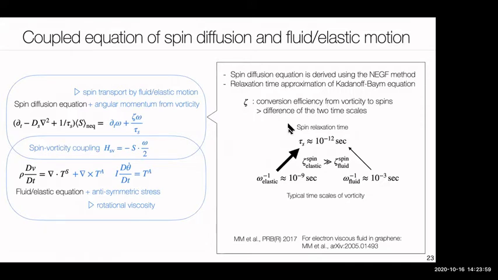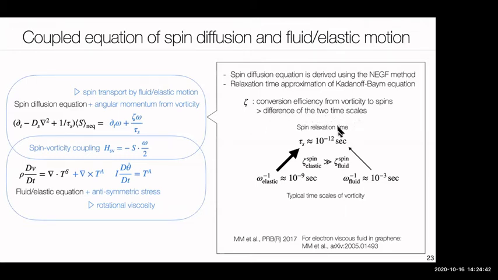Now, in the coarse graining procedure, we have the conversion efficiency parameter zeta in this form, which indicates the angular momentum conversion efficiency from the vorticity field to the electron spins.